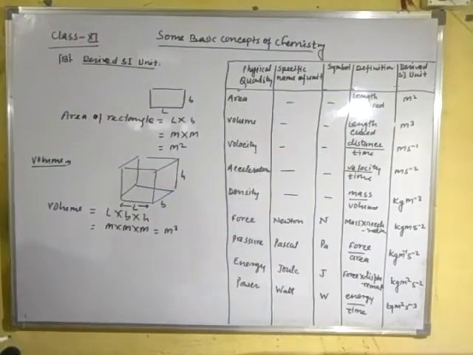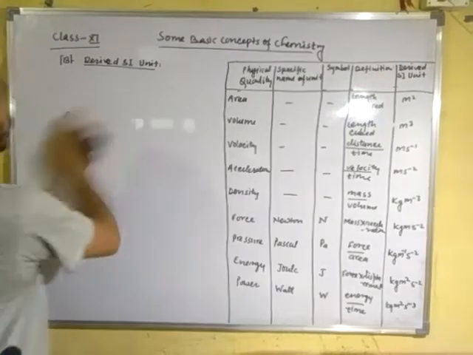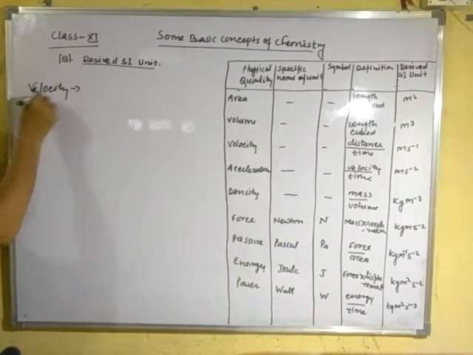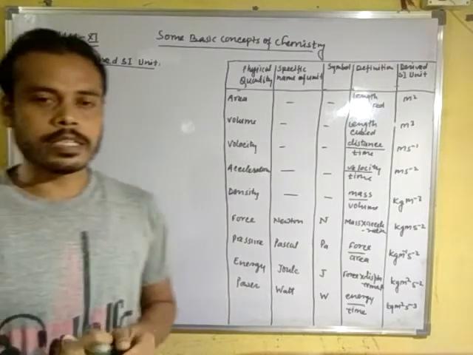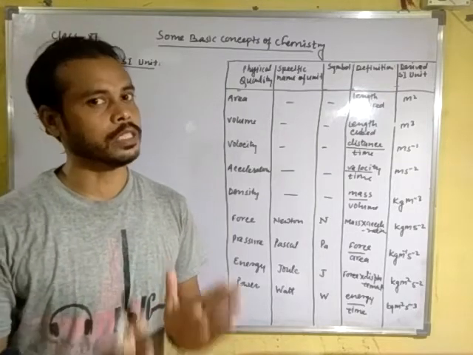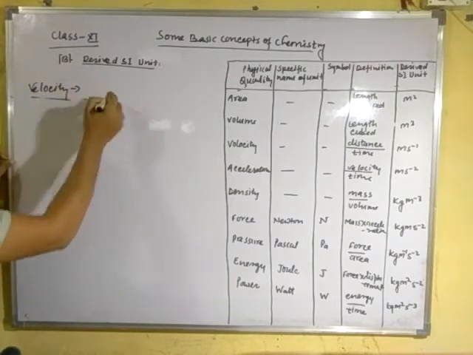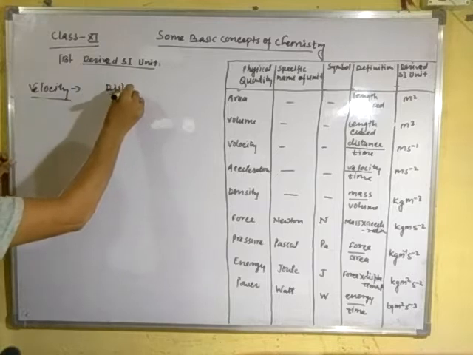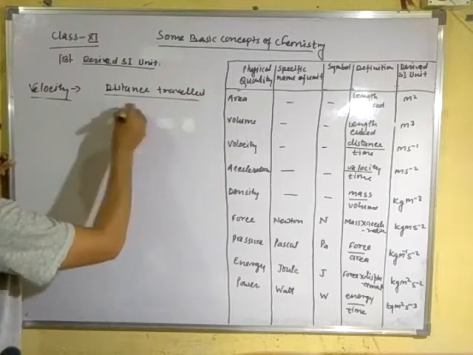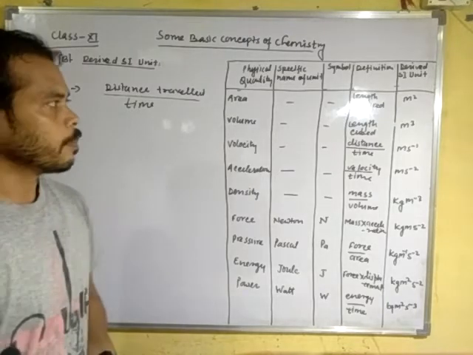Next one is very important. Now let's see the velocity. Velocity is defined as the distance traveled in unit time. That means the formula of velocity is distance traveled upon time, and the basic SI unit of distance is meter.